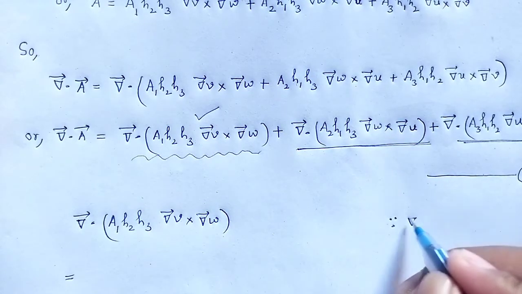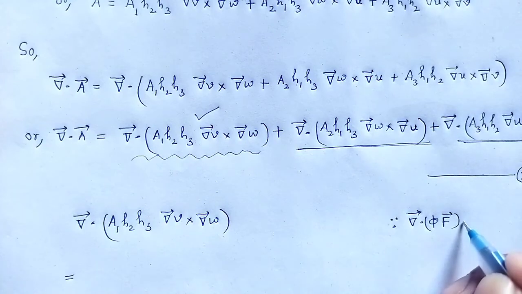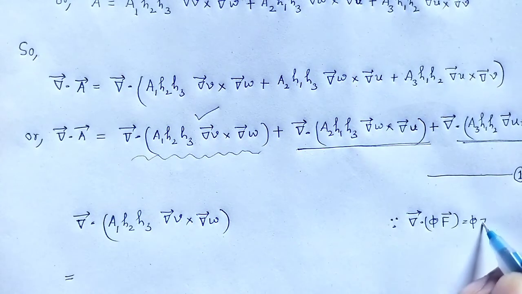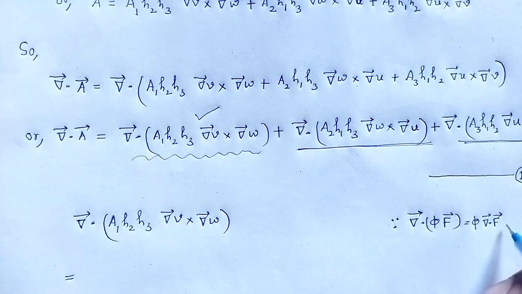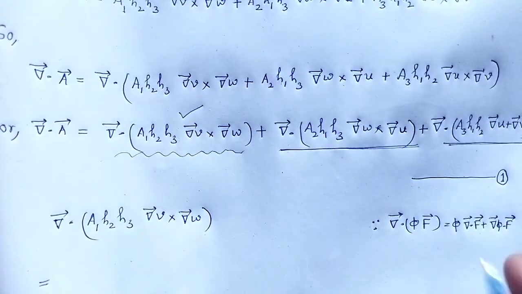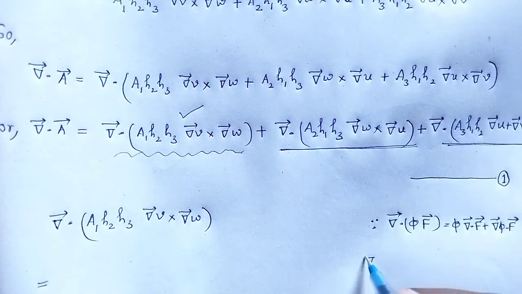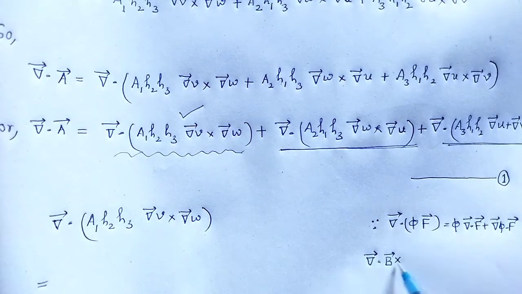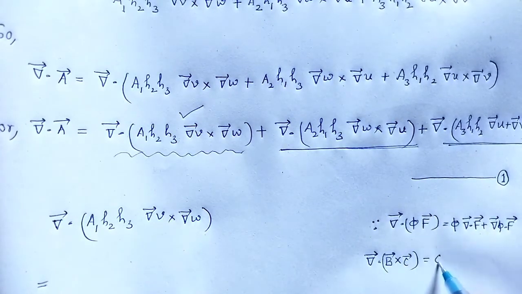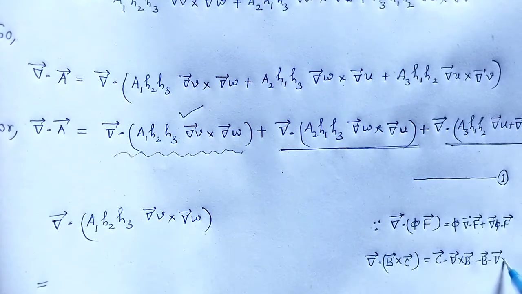See, the identity is grad dot phi f is equal to phi grad dot f plus grad phi dot f vector, and grad dot b cross c is equal to c dot grad cross b minus b dot grad cross c.